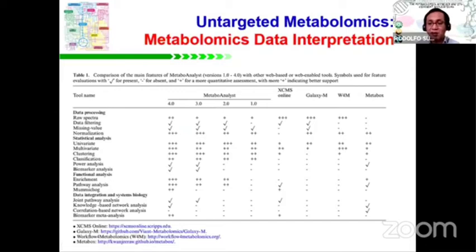You can do spectral pre-processing, normalization, and statistical analysis, both supervised and unsupervised. And I think one of the magnificent applications of Metaboanalyst is the high-level functional interpretation, such as pathway analysis, metabolite set enrichment analysis, and also pathway topology analysis, which identifies the centrality of your metabolites in a given pathway.